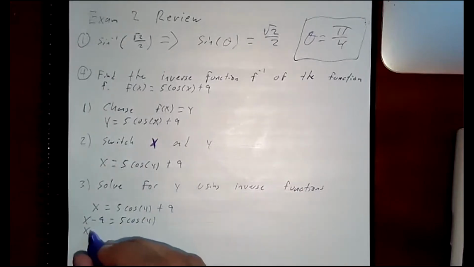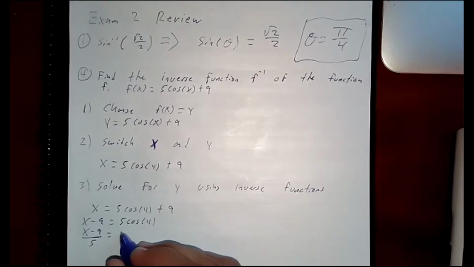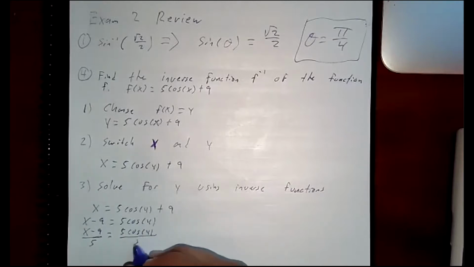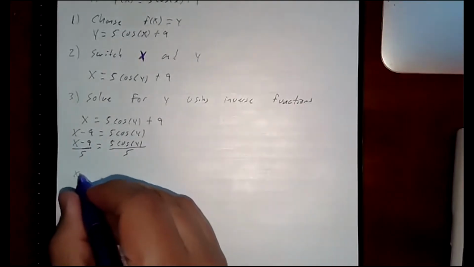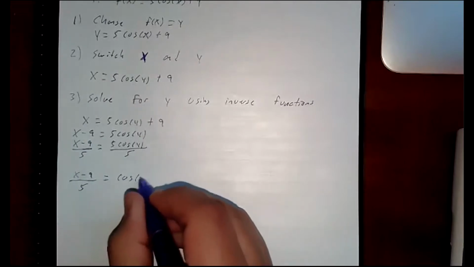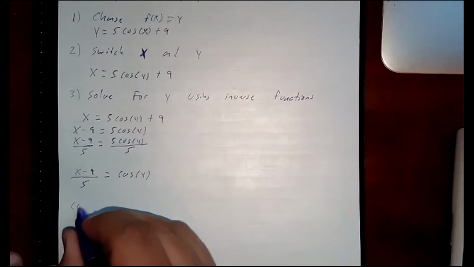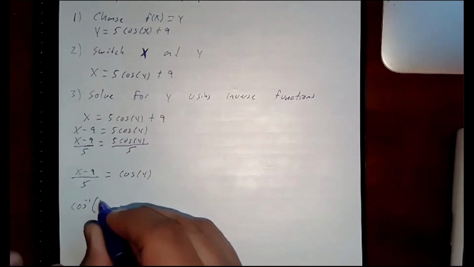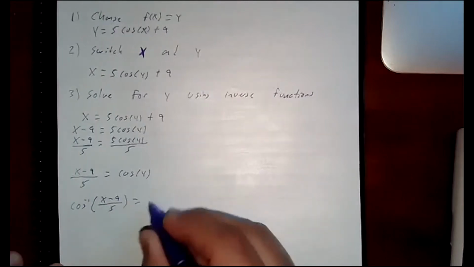Divide by 5. I'm sure you guys know how to isolate cosine. So then we end up with this guy. So now at this point, you introduce inverse cosine. So inverse cosine of both sides will cancel this cosine.